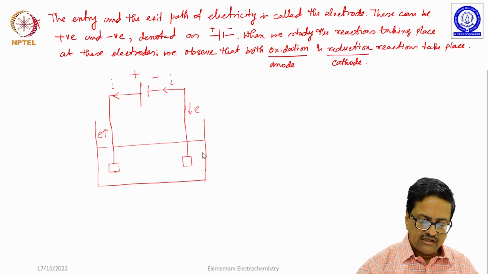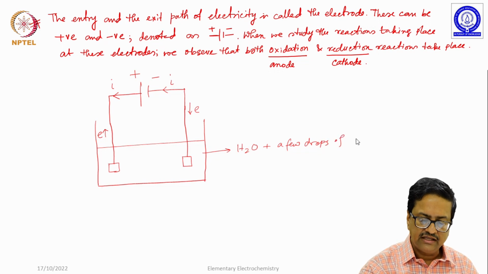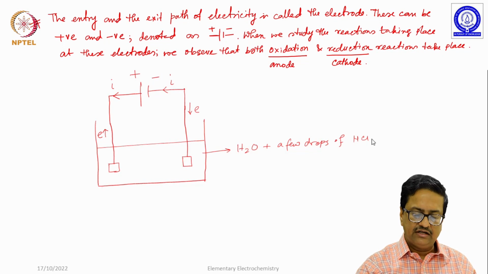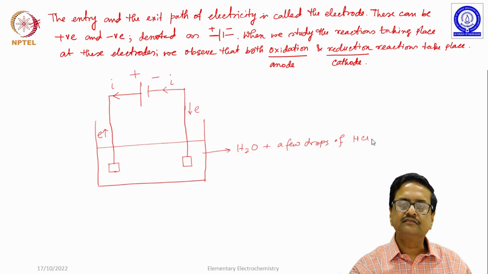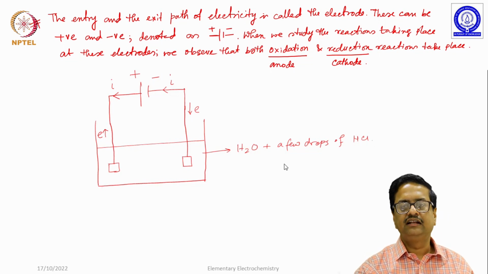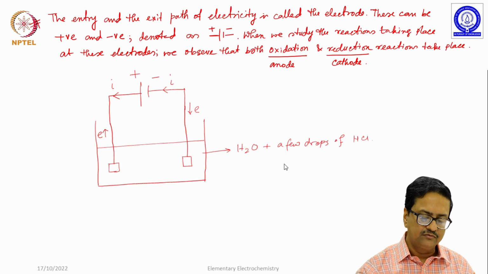So, this is a solution of water plus a few drops of, say, HCl, making it conducting. You know that 100% pure water does not conduct electricity, it is a covalently bonded compound, its electrical conductance is extremely low.